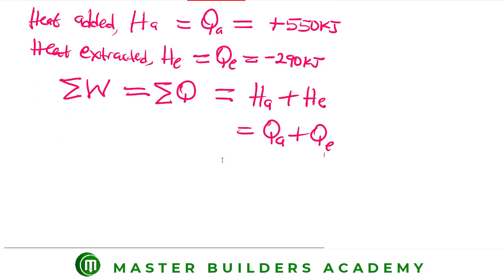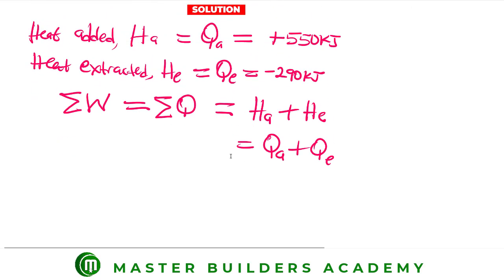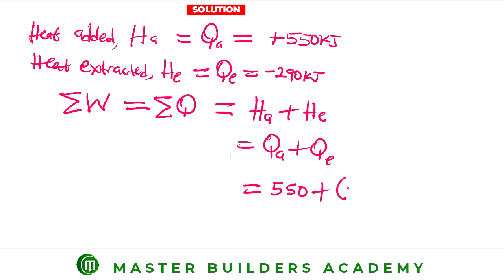This is the algebraic sum. We have the value for QA, 550 kilojoule, plus the value for QE, which is minus 290 kilojoule. When we remove the bracket, we have 550 minus 290.